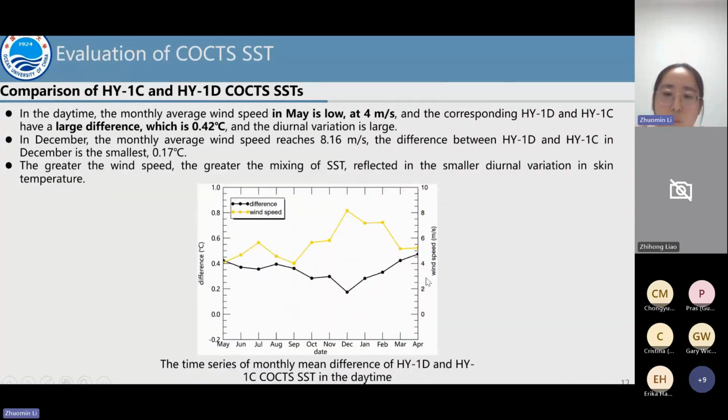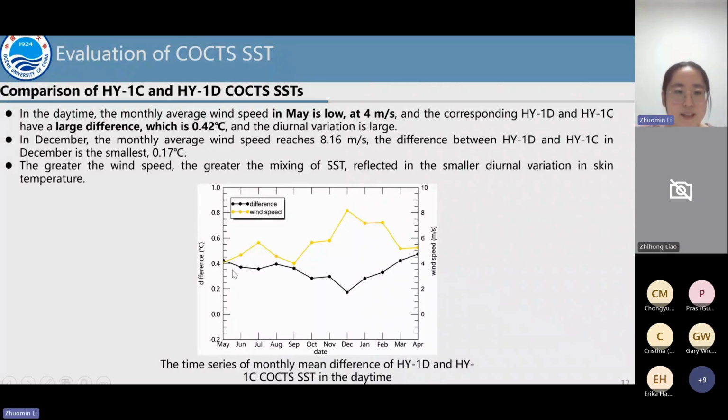And then we added wind speed data to analyze. The figure is a time series of the monthly mean difference of HY-1D and HY-1C in the daytime. The black line is the difference of HY-1D and HY-1C COCTS SST, and the yellow line is the wind speed data from AMSR2.